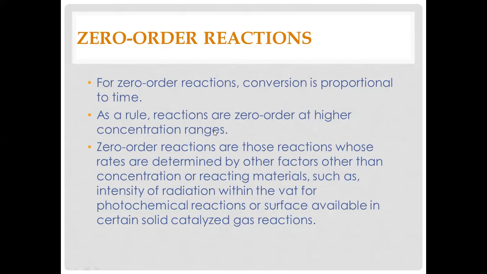So it could be like intensity of radiation within the reaction vessel for photochemical reactions, or the amount of surface area available for solid catalyzed gas reactions. In this case, the rate is not dependent on the concentration, but rather on the total exposed surface area of the solids in the solid gas phase reaction.